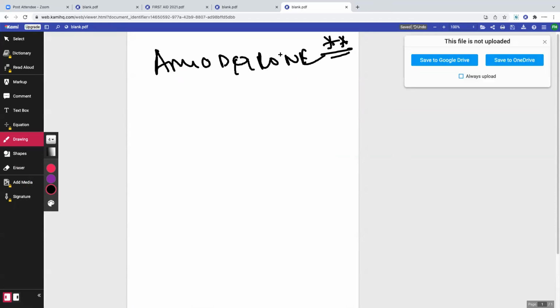Okay, so basically amiodarone is used for the treatment of ventricular tachycardia. Do you remember how I said we use 2 types of cardioversion? We have pharmacological cardioversion, and then we have electric cardioversion. For pharmacological cardioversion of ventricular tachycardia, we use amiodarone. Have I made myself clear? Yes or no? The answer is yes.